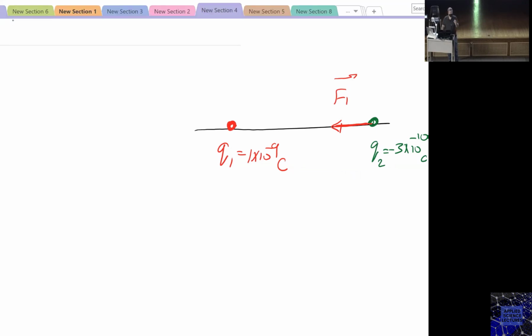Now, the force exerted by Q2 on Q1 should have the same magnitude, however opposite in direction. It should also be attractive, right? Because both are of opposite signs. So in this case, this one is F2, due to Q2.